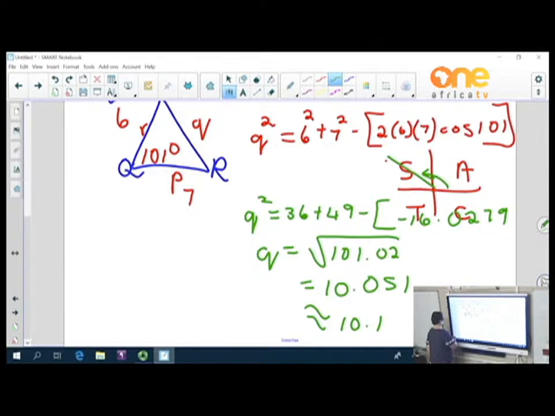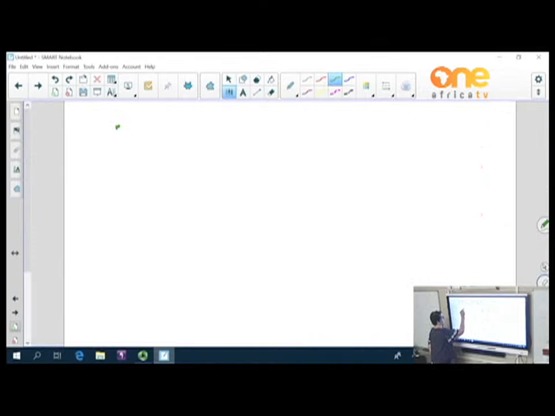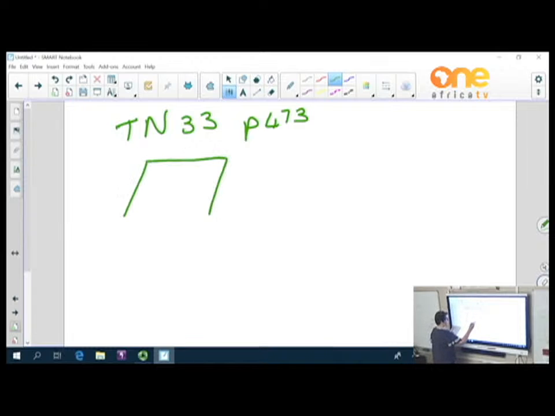Now we're moving to exercise 33, and we have a little bit more of word sums here. Try now. 33, page 473. In the diagram, we have a sketch. Let's just redraw it to follow. So P, Q, R, and S. This one is 7. This one is 10.